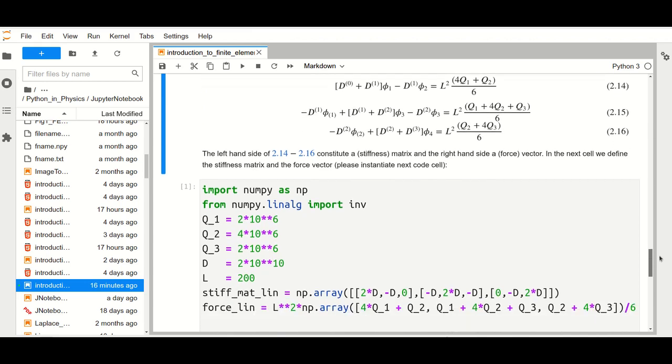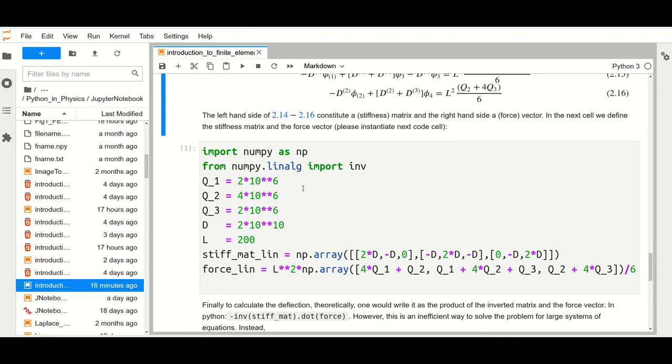And as usual in Python, we import the NumPy package as np, and then we import also its function to evaluate the algebra, and then we define the moments q1, q2, q3, d, and the element lengths.